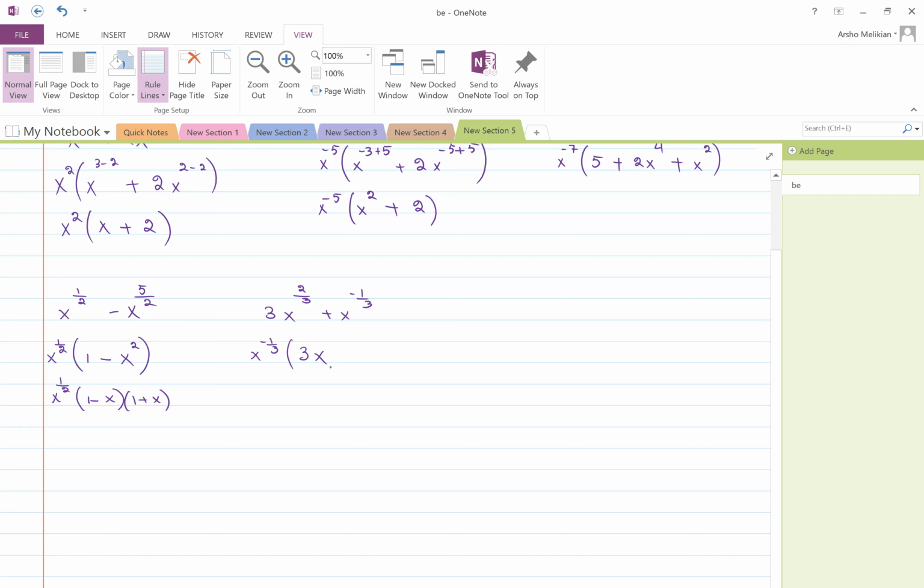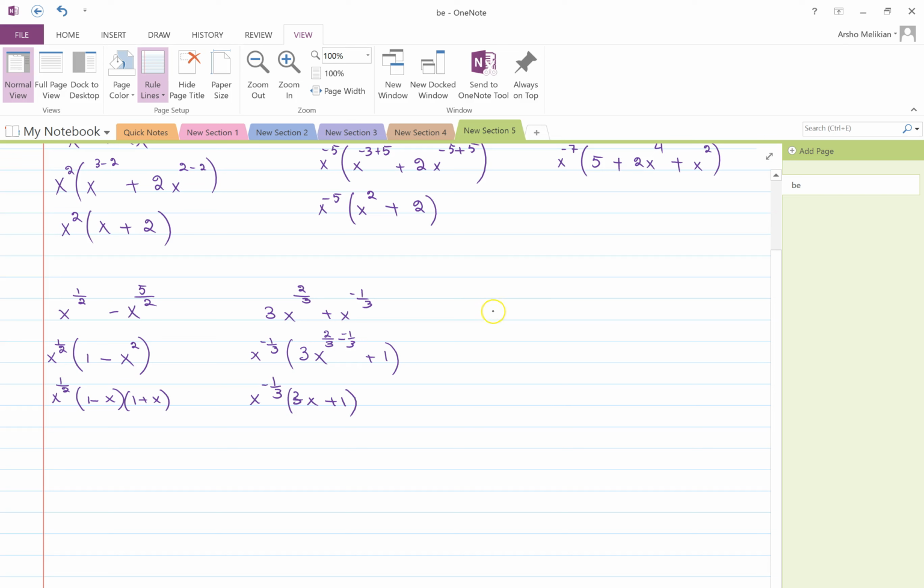To the power of 1, is that right? Yeah. We're taking out 2/3, so it'll be 2/3. We're taking out negative 1/3. So it'll be minus negative 1/3, x to the 1, right? Plus 1. Okay?